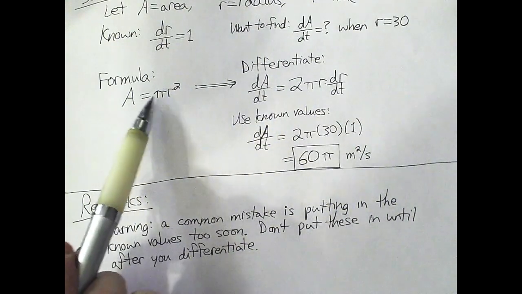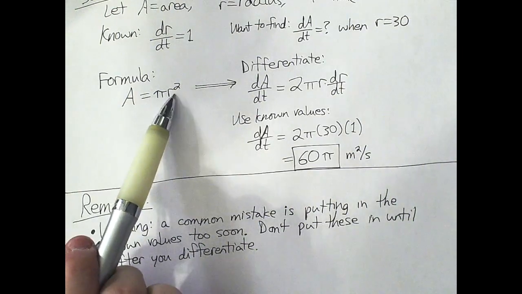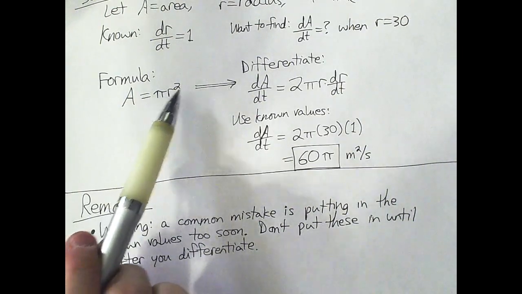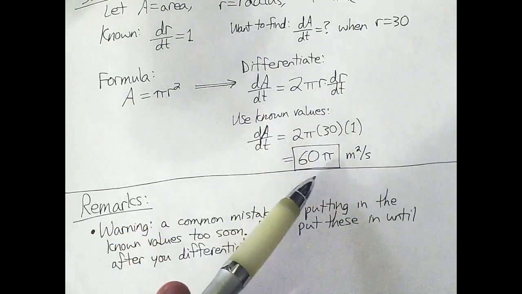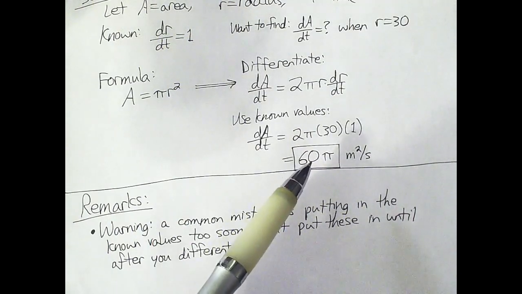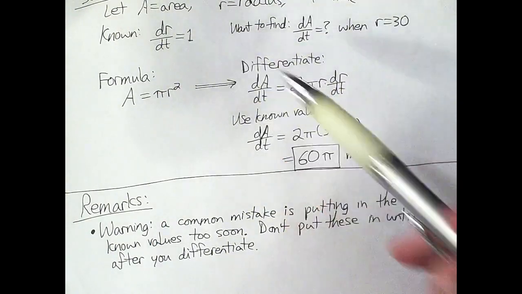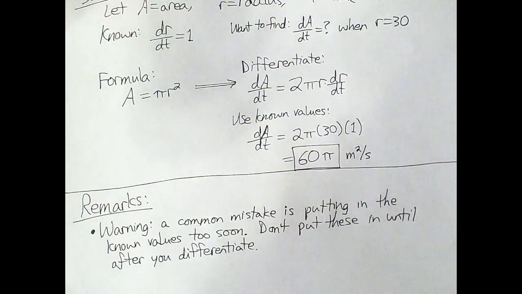What's the derivative of pi times 900? It's 0 because pi is a constant and 900 is a constant. So I would get 0 as my answer. And that would be wrong because I put in the 30 too soon. So don't put in the 30 or the 1 until the very end of the problem. Okay?